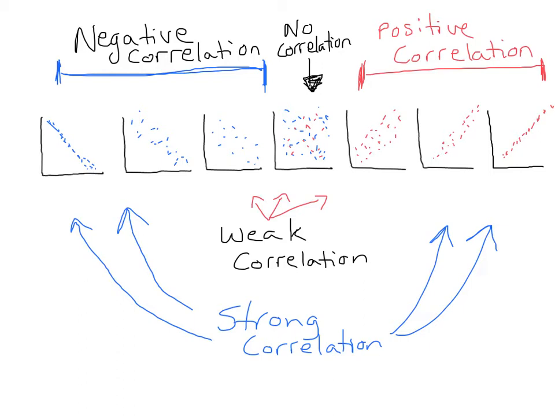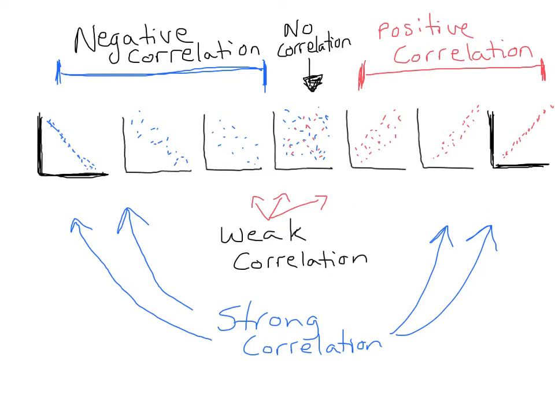You can see with this graph, as you move from left to right, and by this graph I mean the one on the far left here, as you move from left to right, the graph seems to fall, implying a negative correlation. On the far right over here, your data moves from bottom to top as you move from left to right, implying a positive correlation.